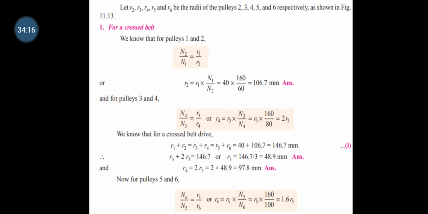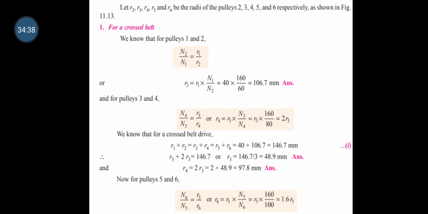For pulley 3 and 4, N4 divided by N3 is equal to R3 divided by R4. Here we are going to relate the radii, that is N4 divided by N3 is equal to twice of R3.